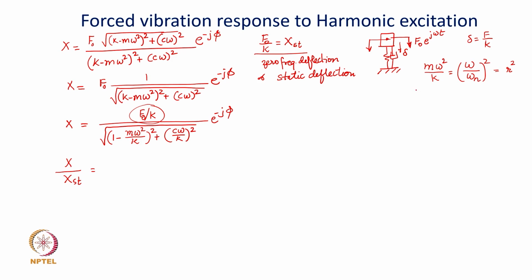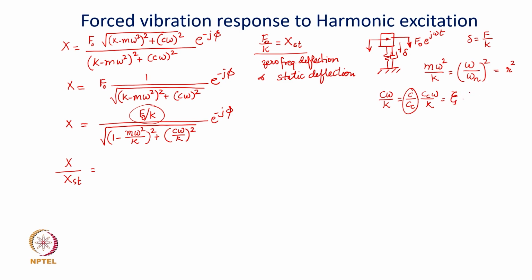And what is C omega over k in the second term under the square root sign in the denominator? I can write this as C over Cc times Cc omega over k, which I will replace. Now, this C over Cc I will replace with our parameter, the normalized damping or damping factor, zeta.